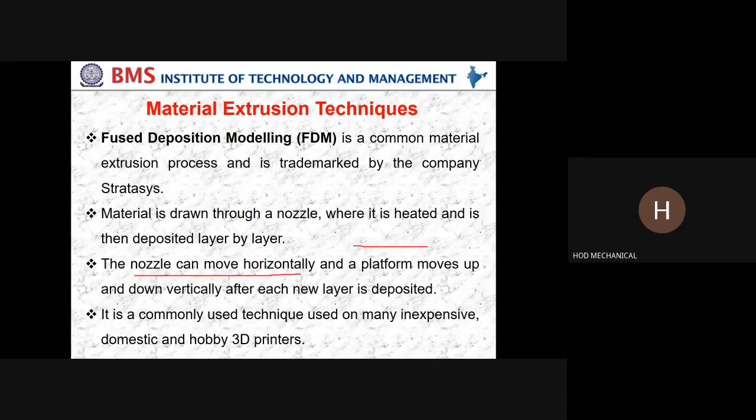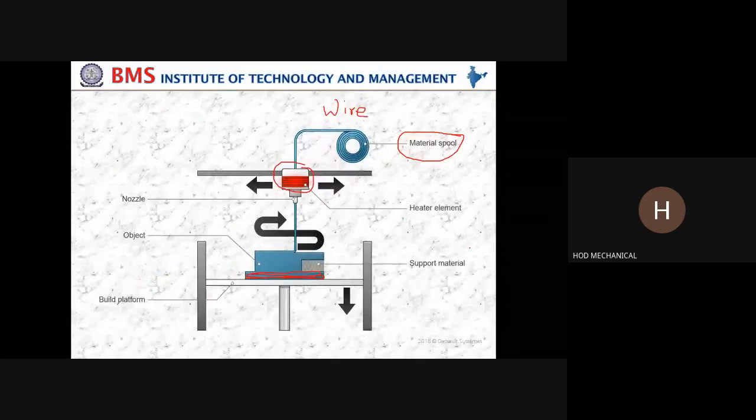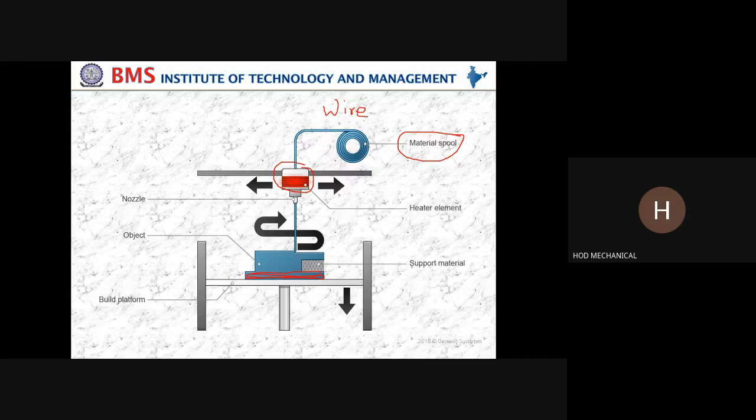Wherever you want, you make the filament drop, allow it to solidify, and upon that you build. So FDM is the commonly used technique in additive manufacturing. This is the diagram. The commonly used materials are plastic materials, PVC, PA, polypropylene, polyurethane, or ABS plastic.